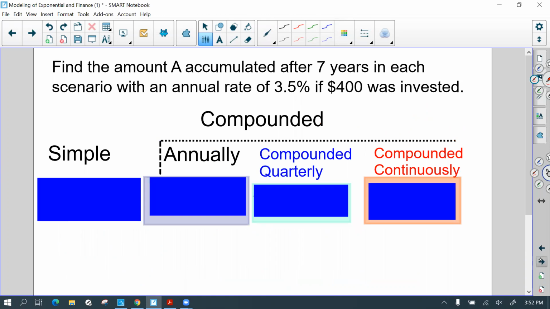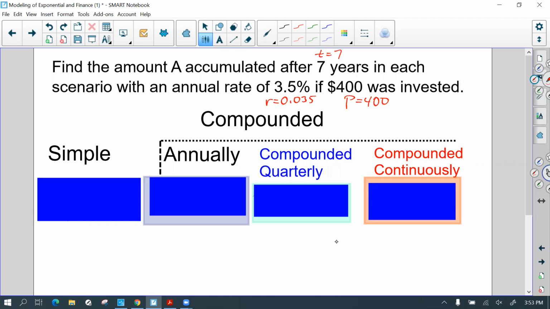So quick example, you want to find the accumulated amount for all of these, and the T is 7 years. The annual rate is 3.5%, so that's 0.035. And $400 was invested.